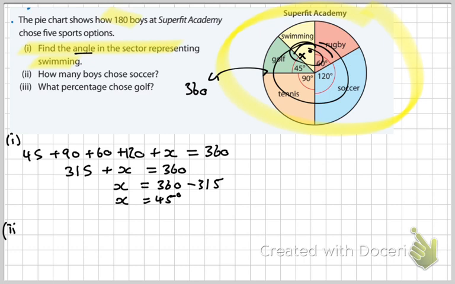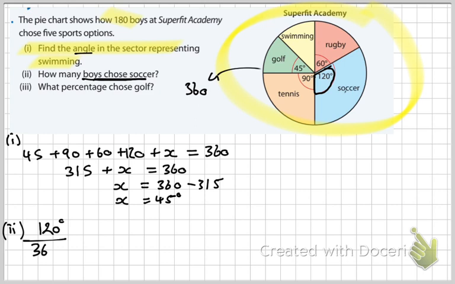Second part, the question is, how many boys chose soccer? So just clearing off our chart a bit. I know that soccer has taken up 120 degrees. That's 120 degrees out of a whole 360 degrees for the full circle.